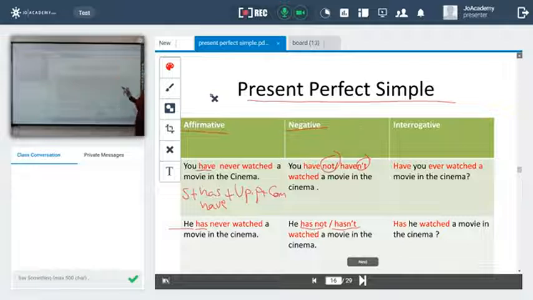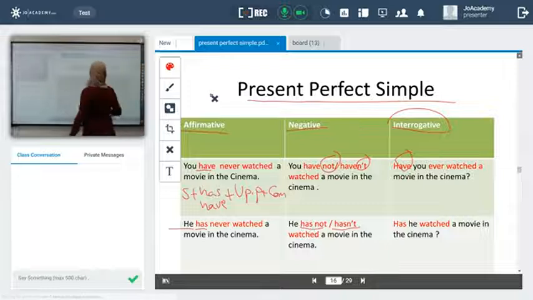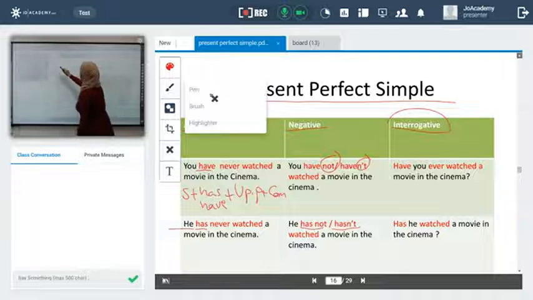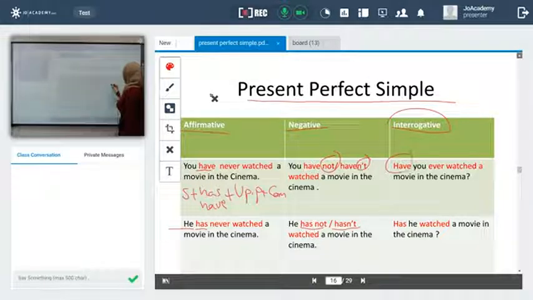And what about the questions or the interrogative form? In the interrogative form, we start the sentence with have or has.